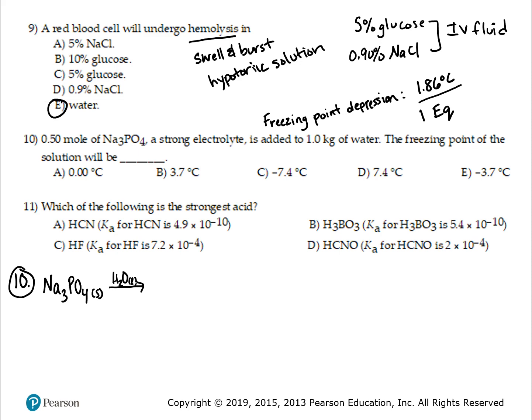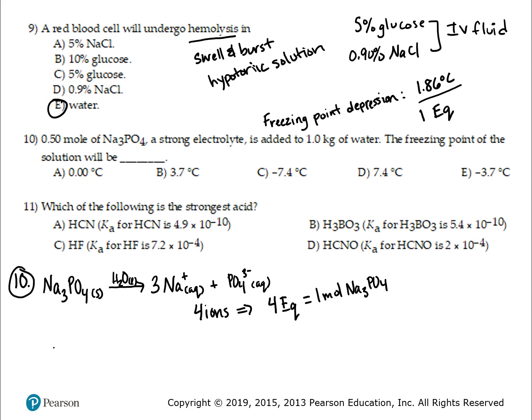When you add this to water, you're going to make sodium ions and phosphate ions. The number of ions that you make is 4, which means you have 4 equivalents for every 1 mole of your substance.